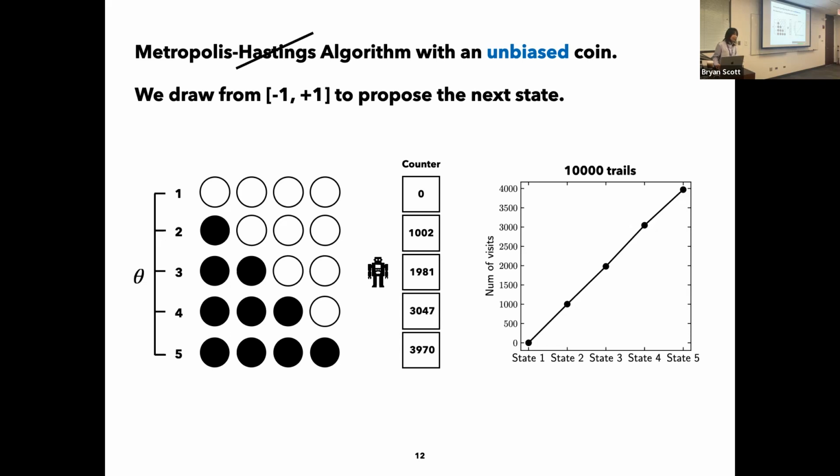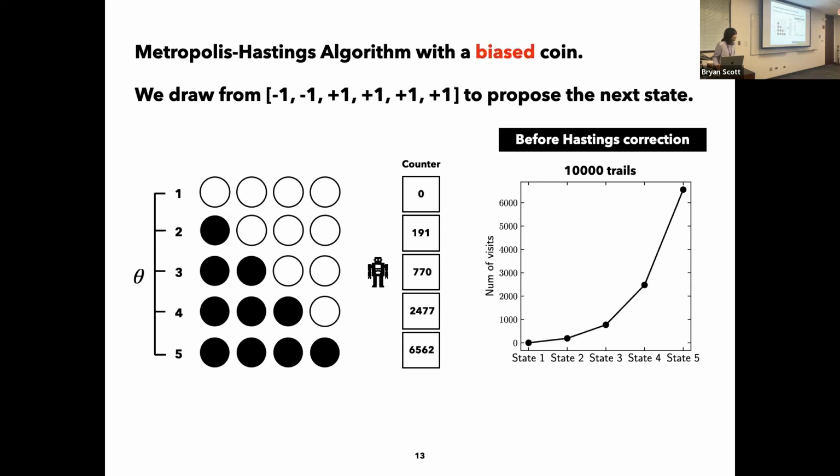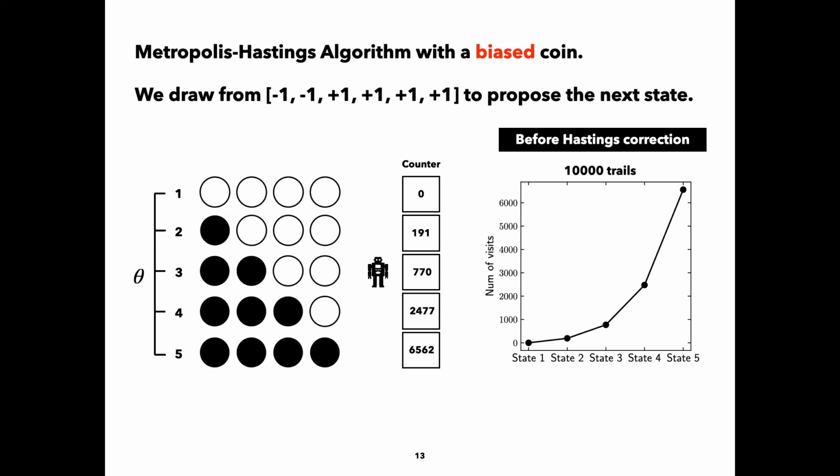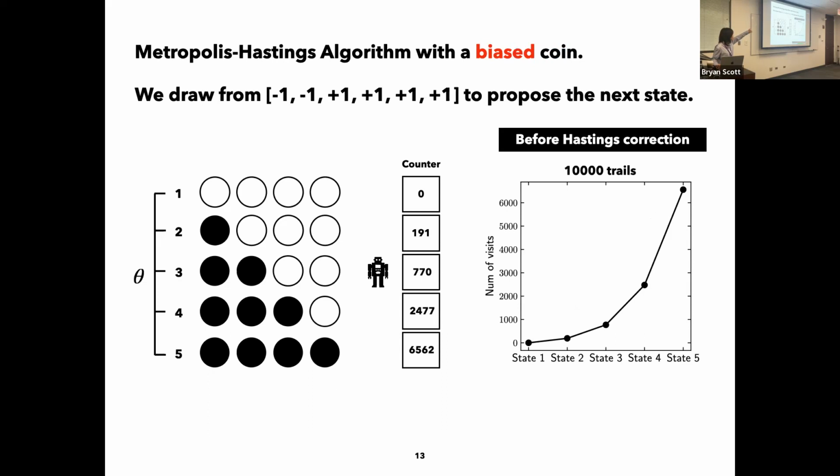If we instead have a biased coin, you can think of it as a die or a biased coin, it gives us more heads than tails by a factor of 2. So it's randomly drawn from -1, -1, +1, +1, +1. Now the proposal is a number randomly drawn from these options.